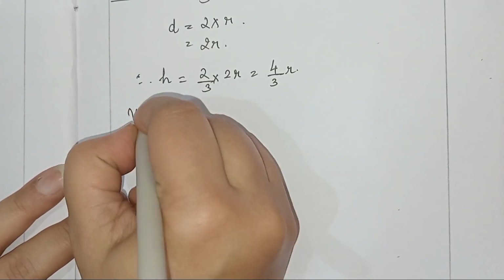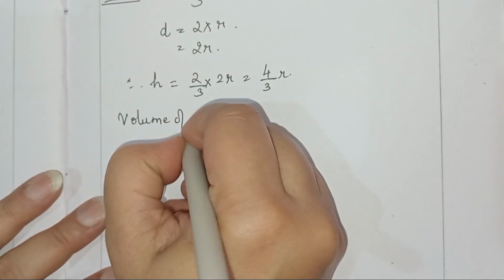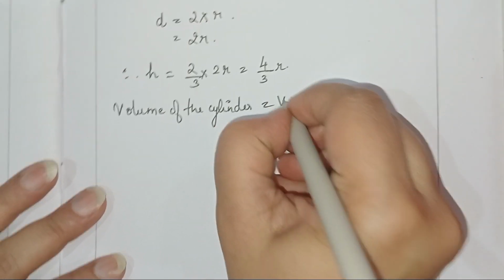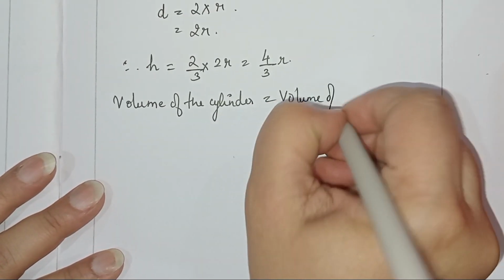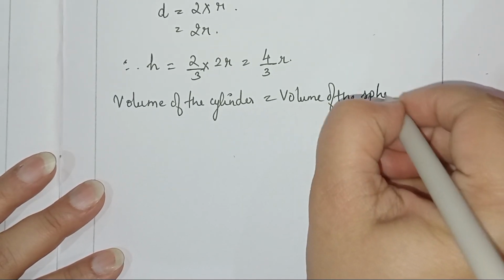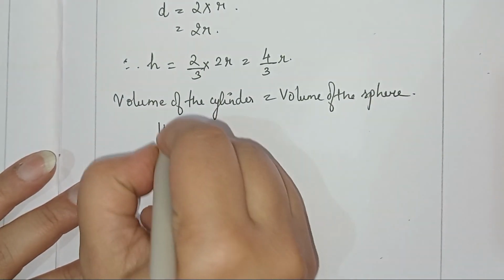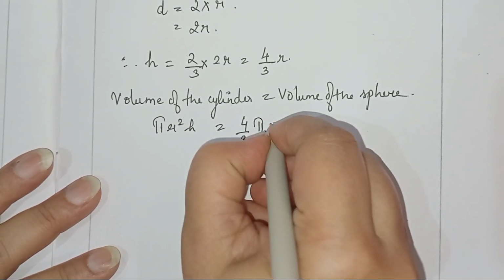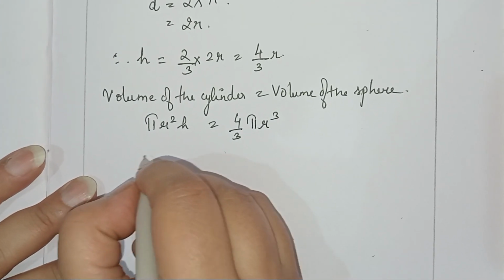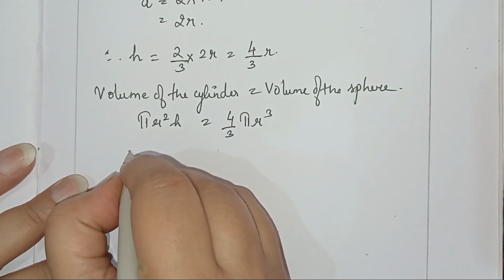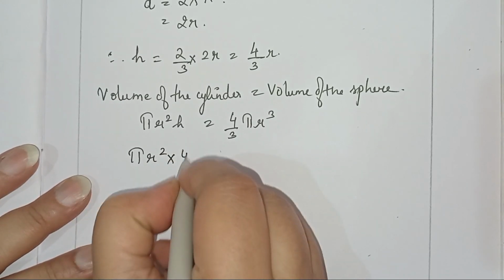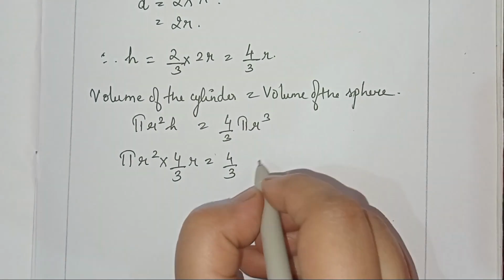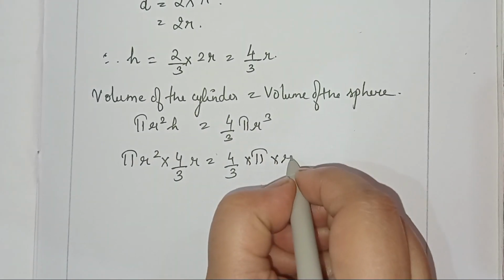Okay, so the volume of the cylinder is equal to the volume of the sphere. So comparing pi r square h with 4/3 pi r cube will give you pi r square into 4/3 r equal to 4 over 3 into pi into r, which is given as 4.